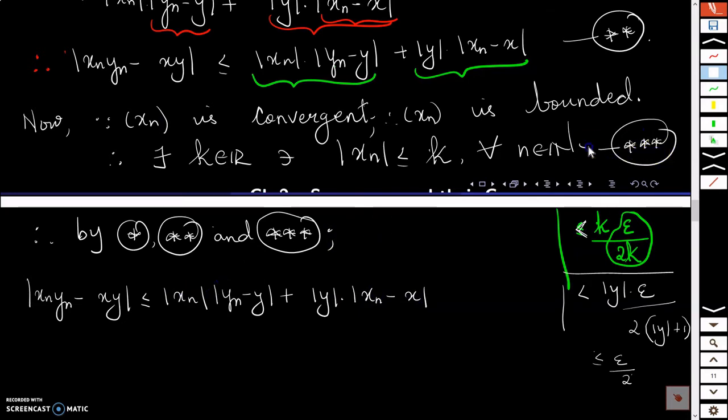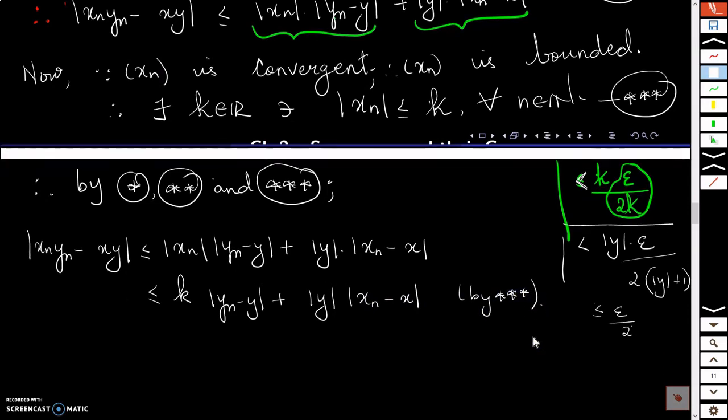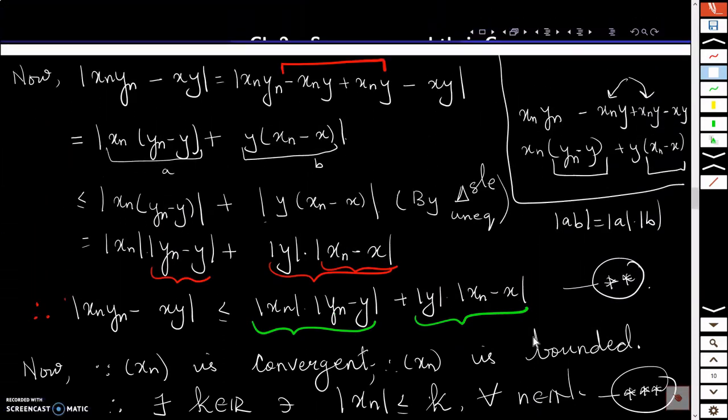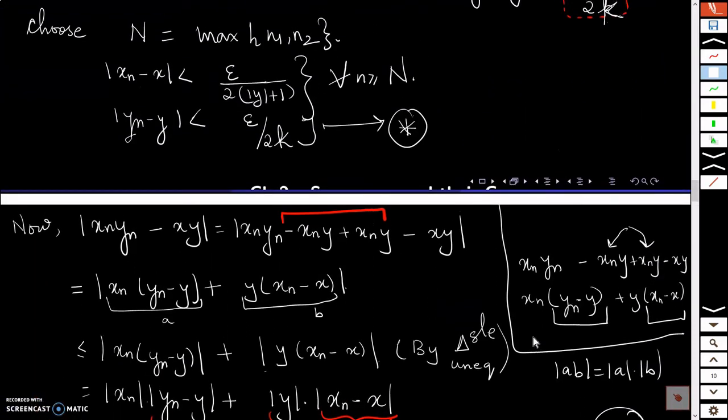Now, if you look at triple star, from here I can say that mod xn is less than or equal to k, right? So I will implement this and I will leave the other two things as they are. So this particular step is by triple star, right? And now I will implement from star these two things.